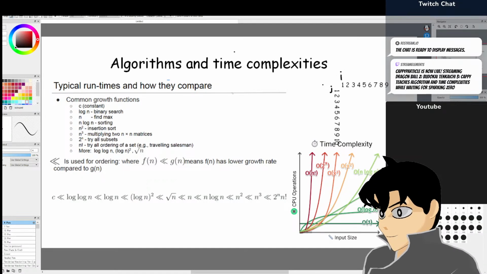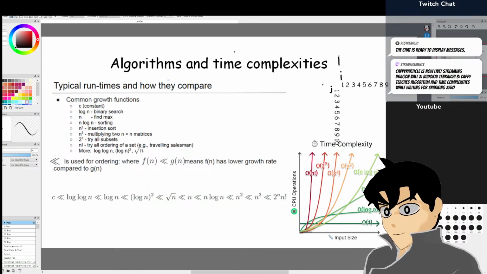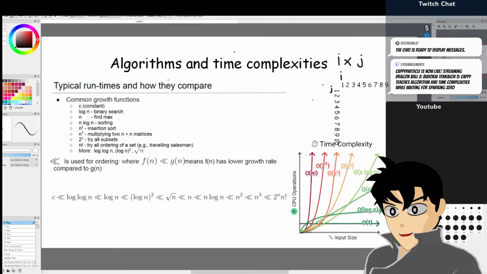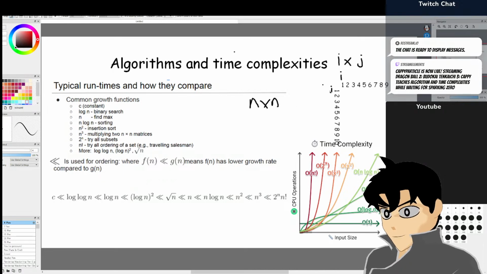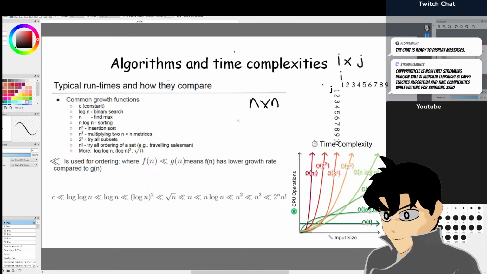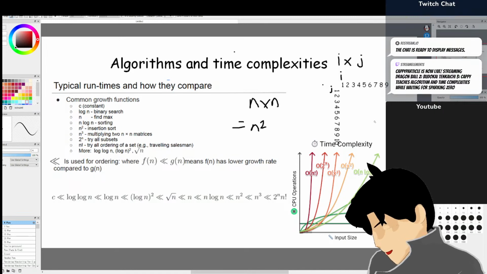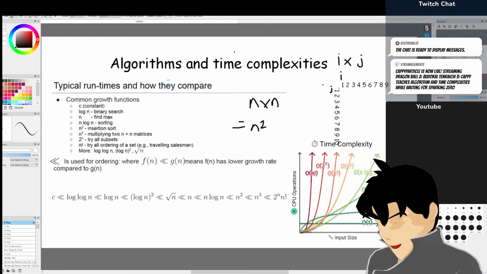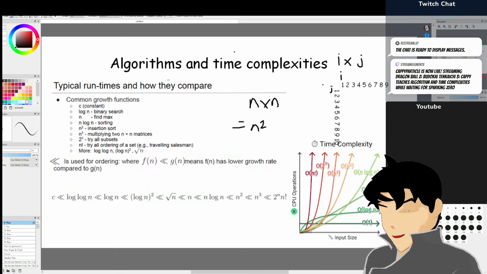If you just stop adding these together, it's basically i times j to be able to search through all 100 numbers, which is actually n times n. N as in the first one, and n as in the second one, which equals a time of n squared. That comes from a thing called a nested for loop.